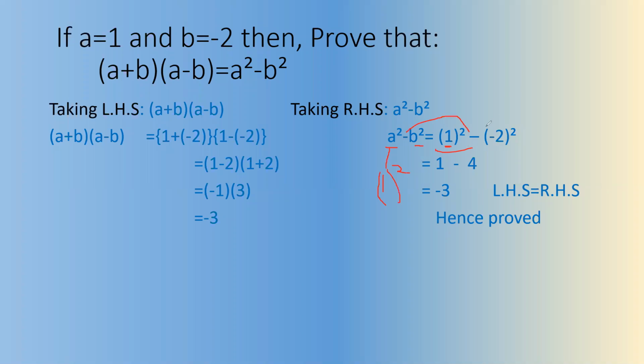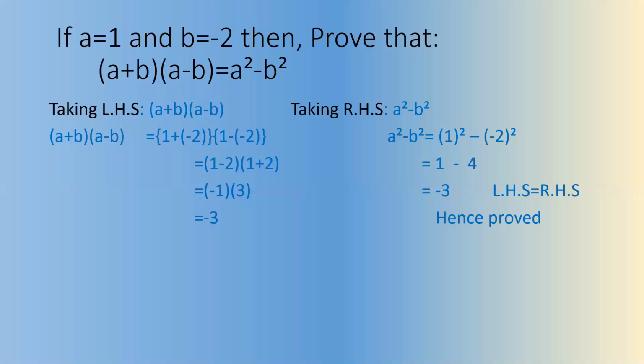So write down minus 2 with the round bracket and put the square over there. Now 1 ones are 1 and minus sign is copied from the question. And minus 2 multiplied with minus 2 is 4, minus minus plus. Alishba, now is it clear?